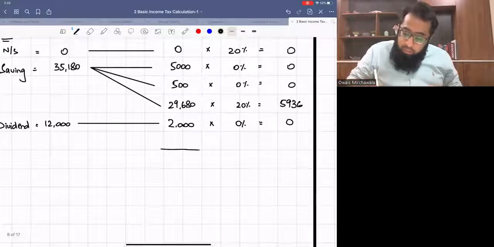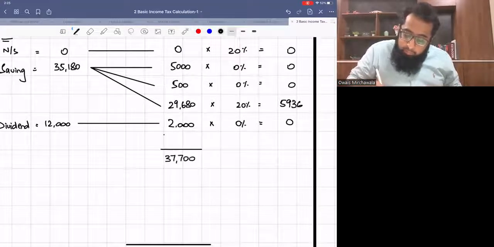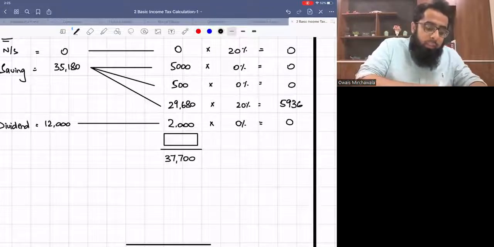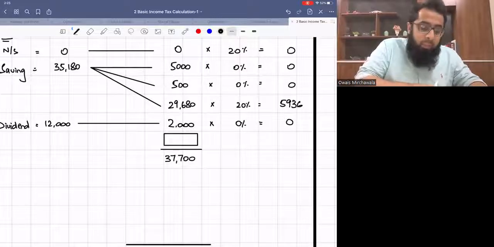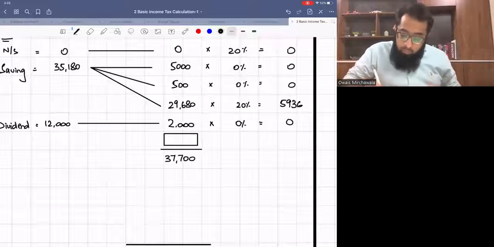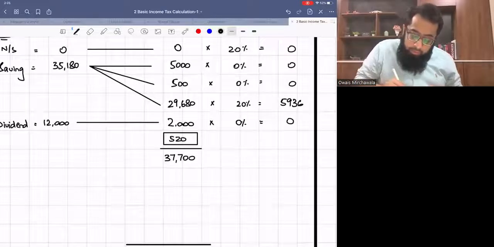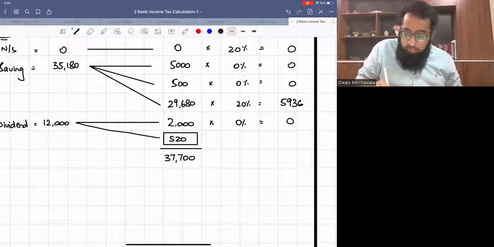Now we should be looking at the basic rate band because I think the band should be near its end. 37,700 minus 5,000 minus 500 minus 29,680 minus 2,000. So only 520 is remaining in the band.